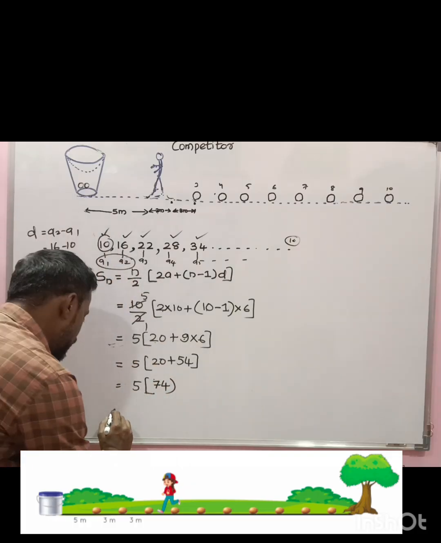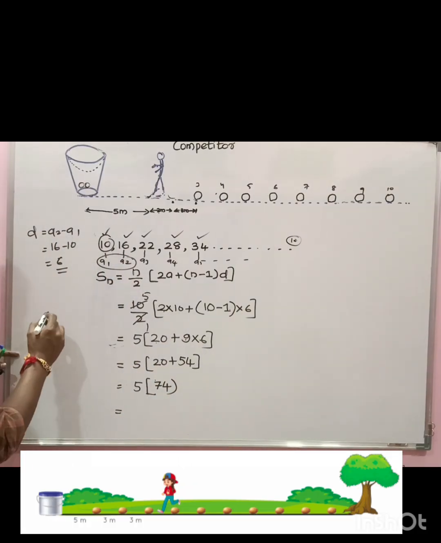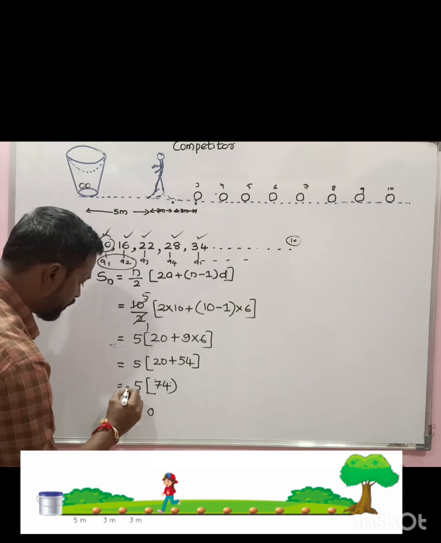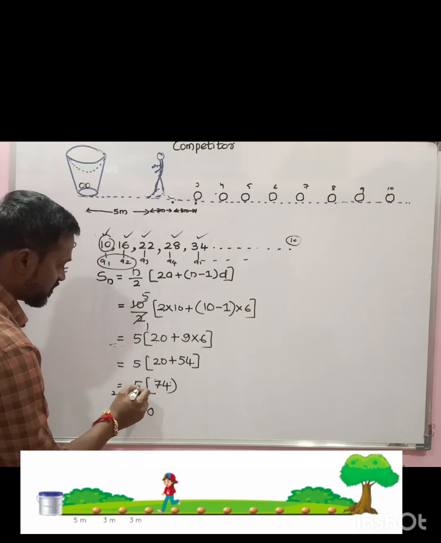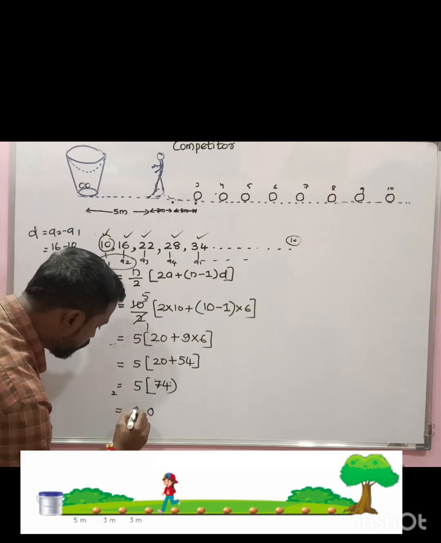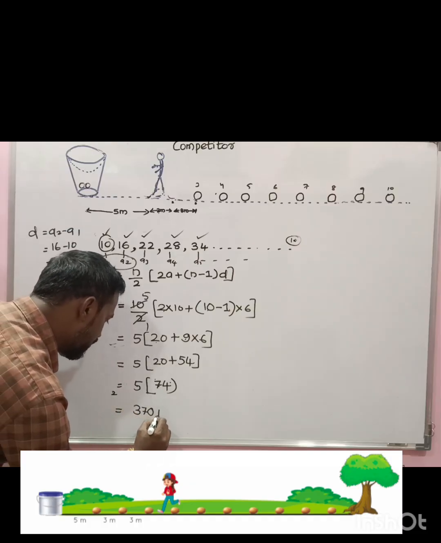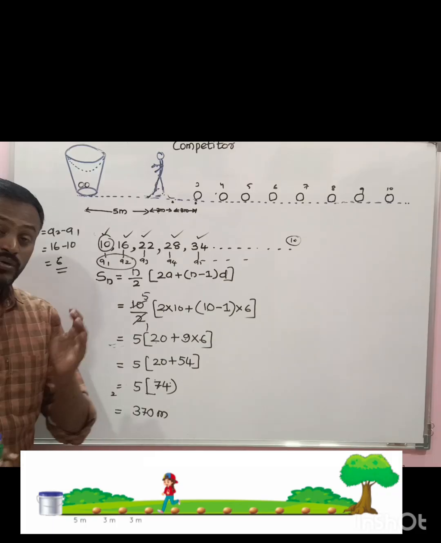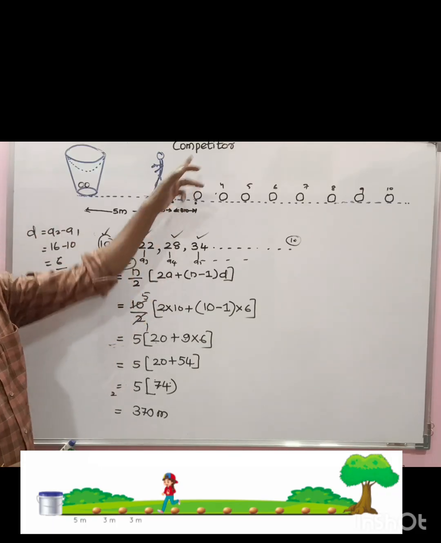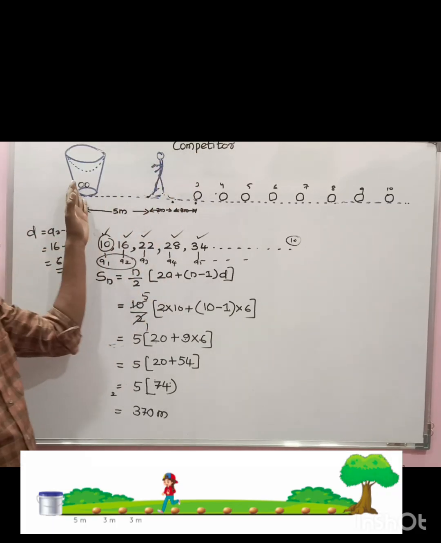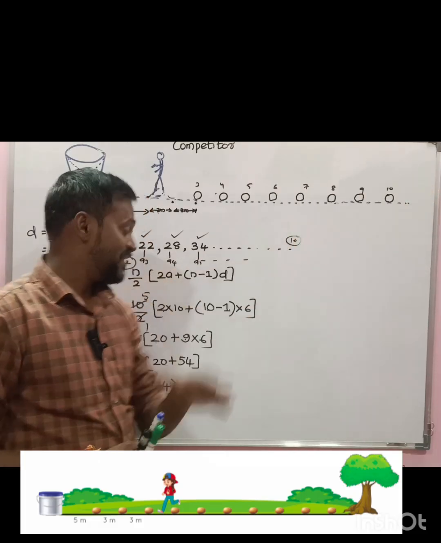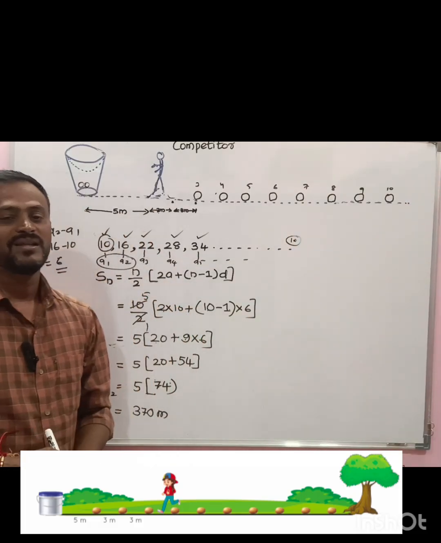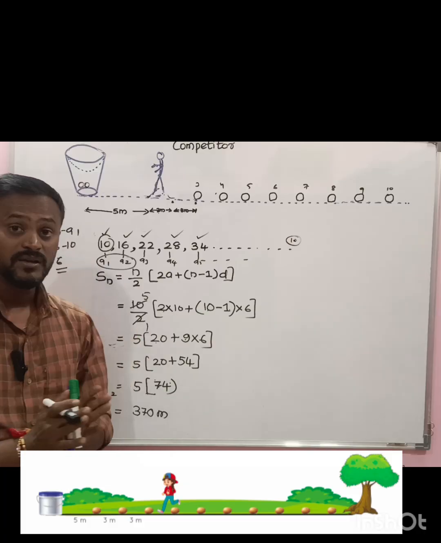Correct? Now we multiply 74 by 5. 5 fours are 20, carry 2, 5 sevens are 35, 35 plus 2 is 37, so 370. That means the total distance covered by the competitor to collect all these 10 potatoes is 370 meters. This is the distance traveled by the competitor.